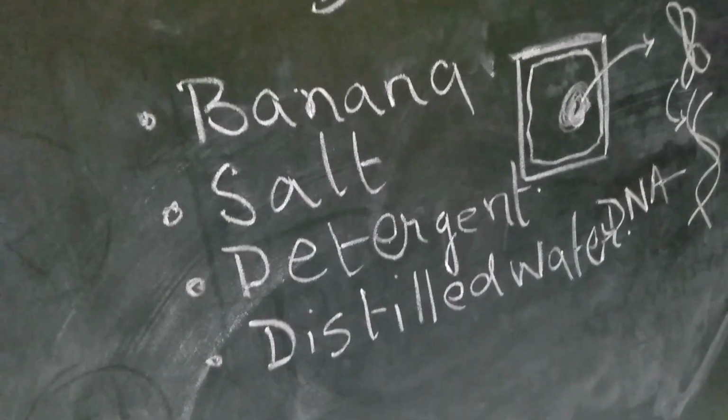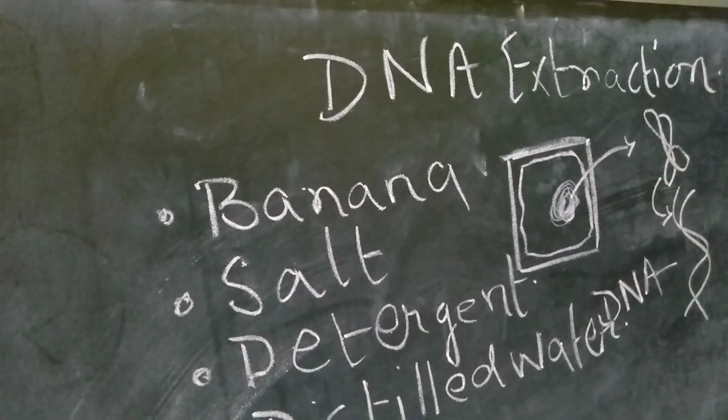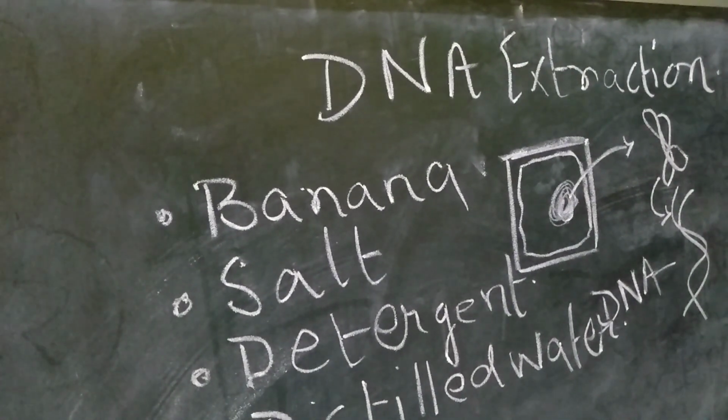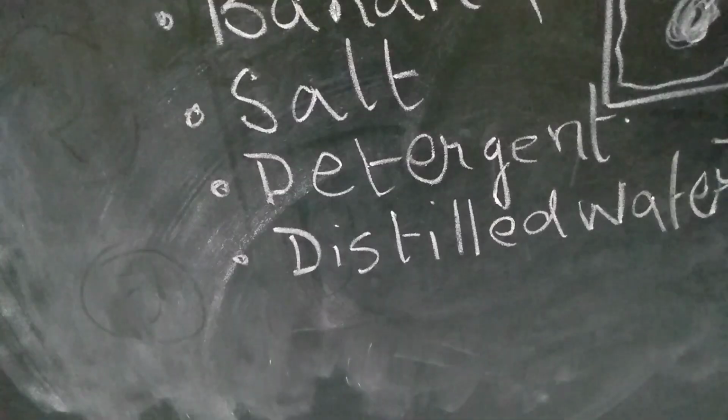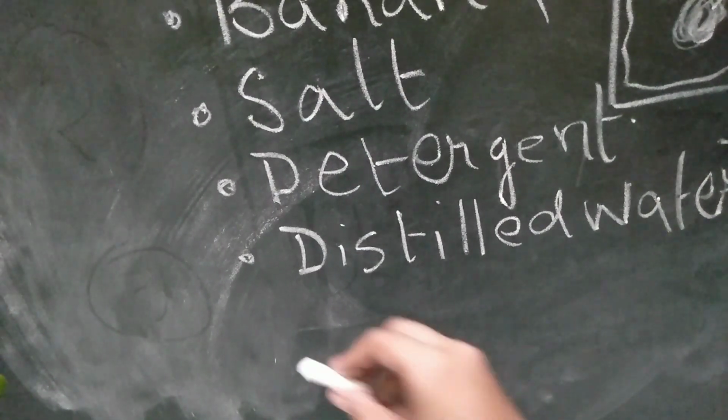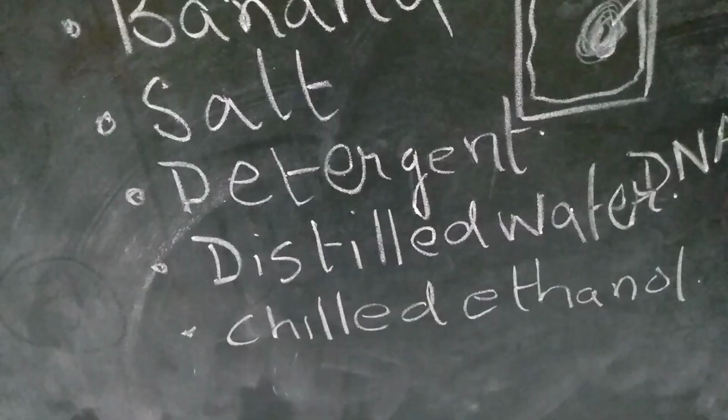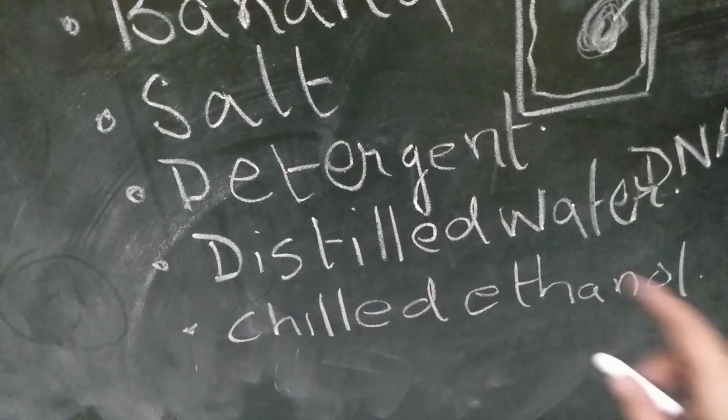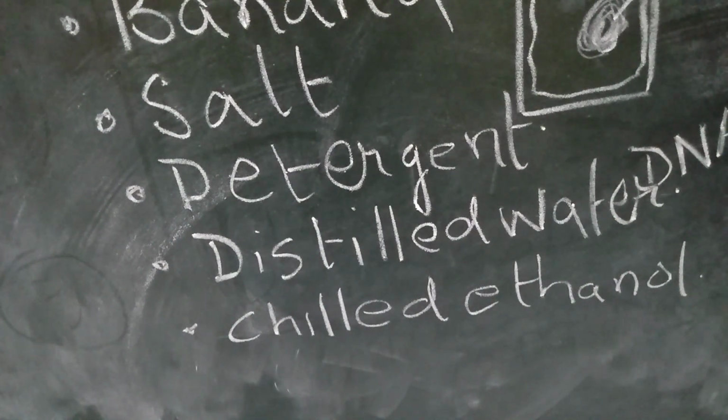And we also need chilled ethanol, which is used to precipitate the higher molecular substances, and it helps in the flotation of the DNA molecule above all other molecules.